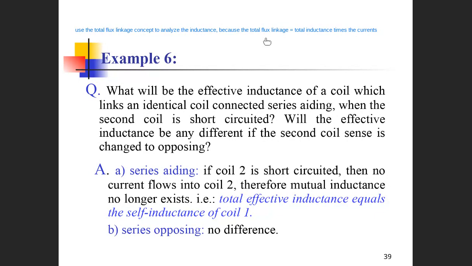When you consider one part, consider the total flux linkage there, because the total flux linkage is the total inductance times the currents. Use these concepts, because this is the definition of inductance and flux linkage.